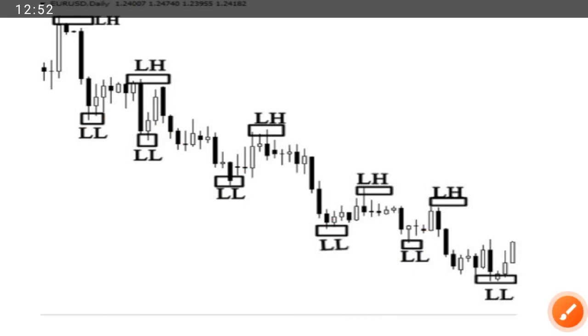Now, when you have something like this, this is a downtrend. When the market is making a series of lower highs and lower lows, you call it a downtrend. Very simple. There is no need to cram anything there.